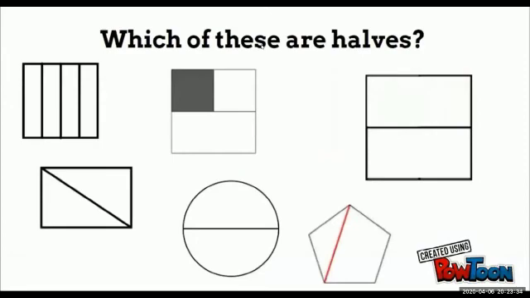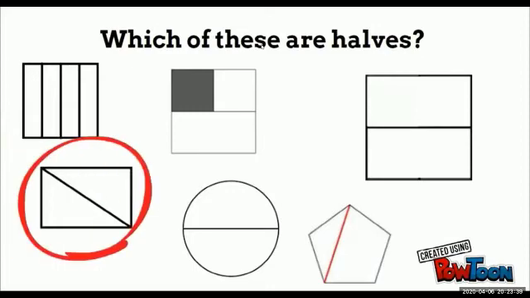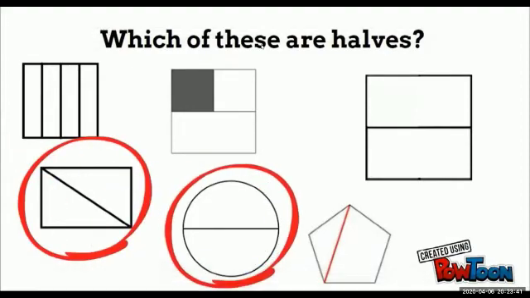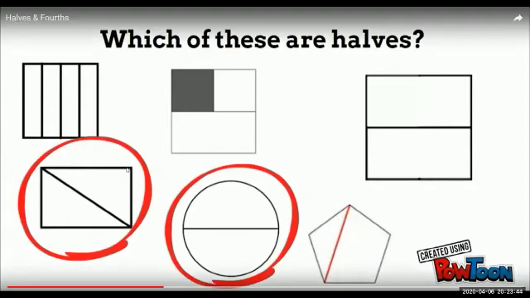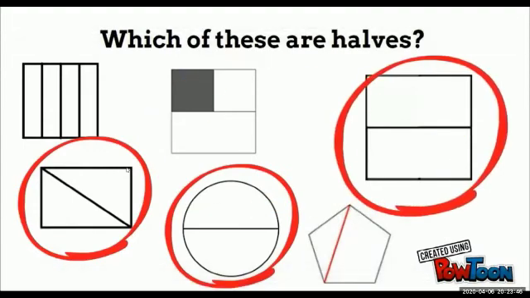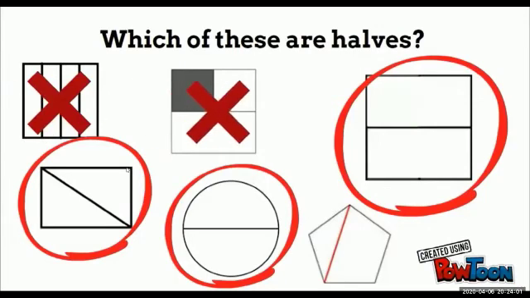So which of these are halves? Which ones have been cut into 2 equal pieces? Here we see this one. This one's cut into halves. And this one. Now the others aren't halves because they're not 2 equal pieces. This one is not halves because although they're equal pieces, there's 4 of them, so that's not halves. This one, not all of them are equal pieces and there's more than 2 pieces. And this last one has 2 pieces but they're not equal, so it's not a half either.